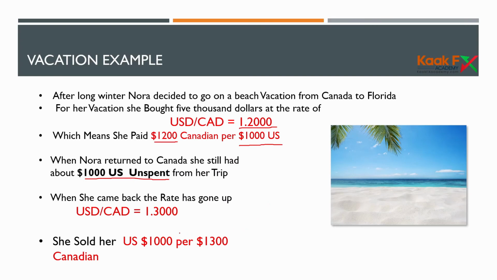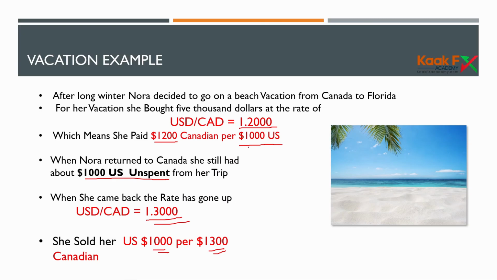At that time, when she came back, the rate had gone up to 1.3. What does that mean for Nora? She sold her 1,000 US and received 1,300. Originally she paid 1,200 for 1,000 US.